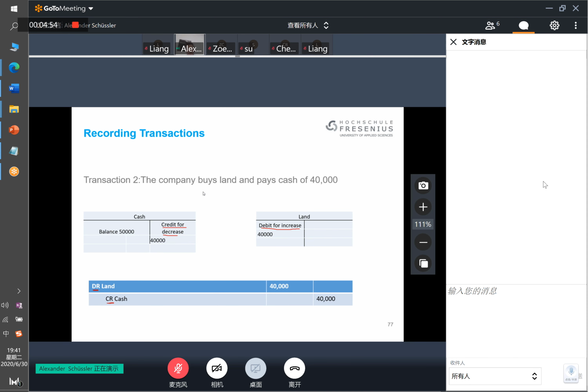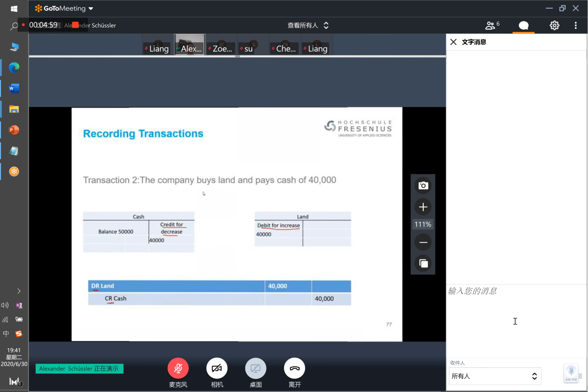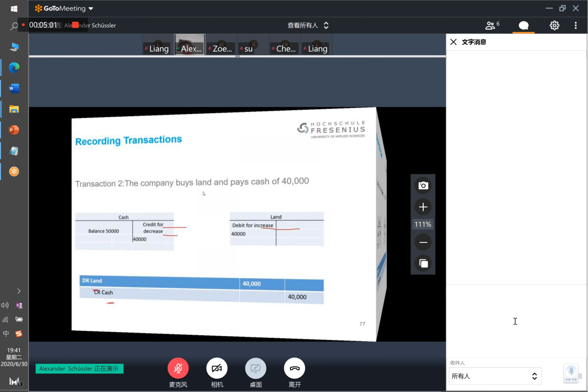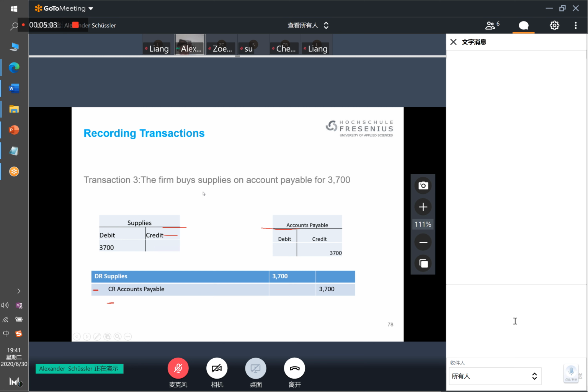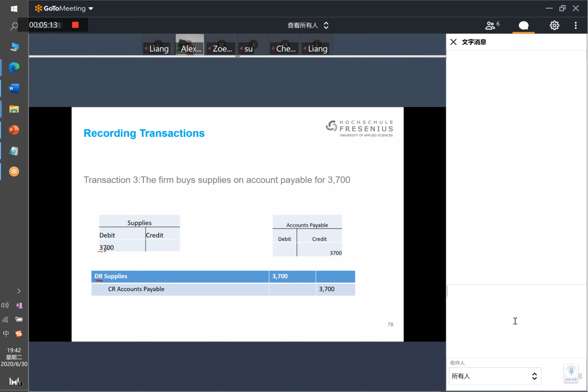The next one, the firm buys supplies on accounts payable for 3,700. Here we debit supplies, and we credit accounts payable.